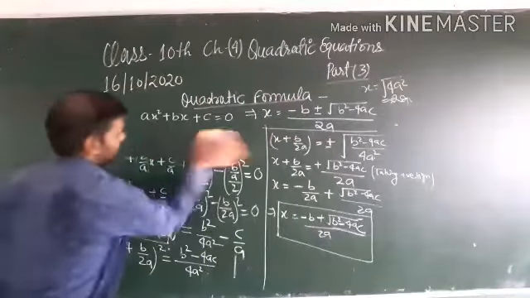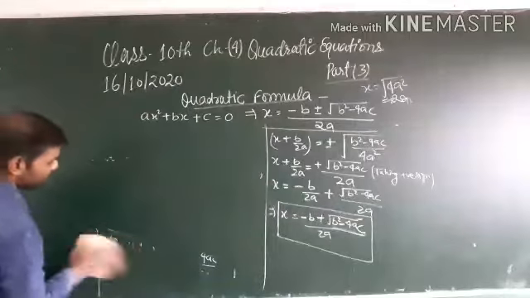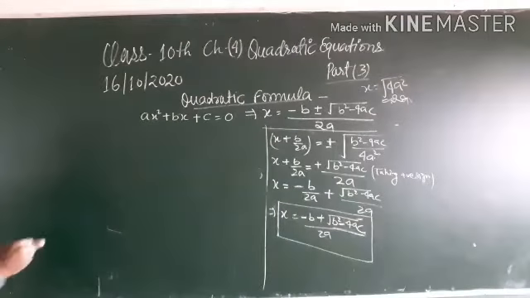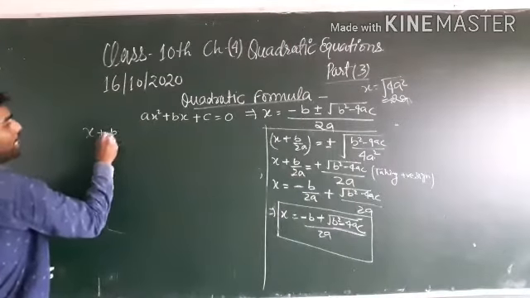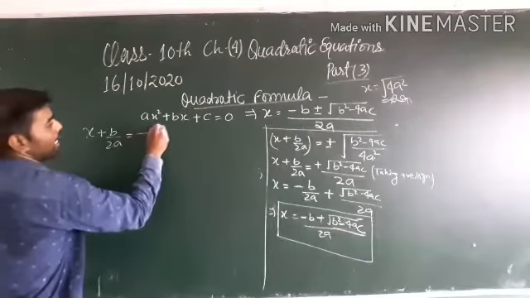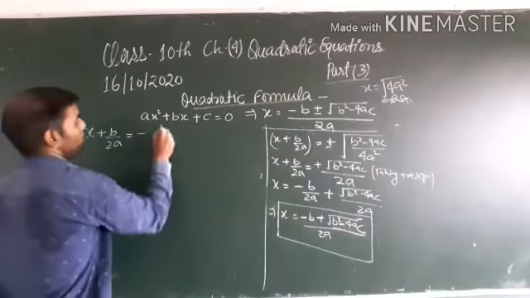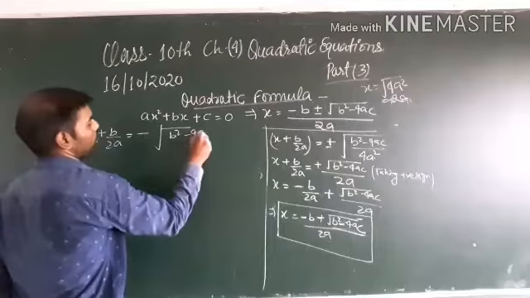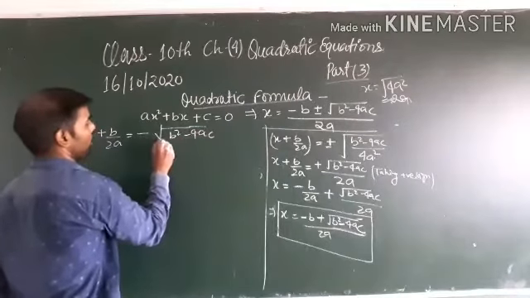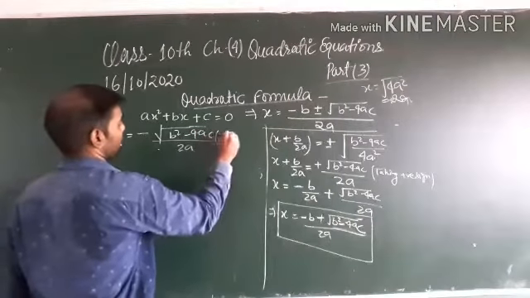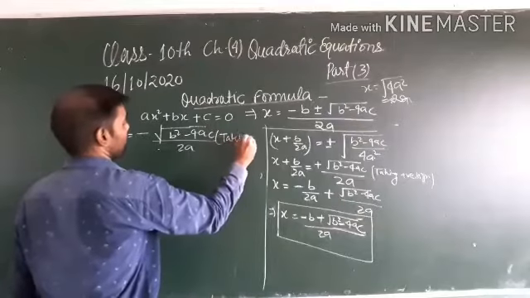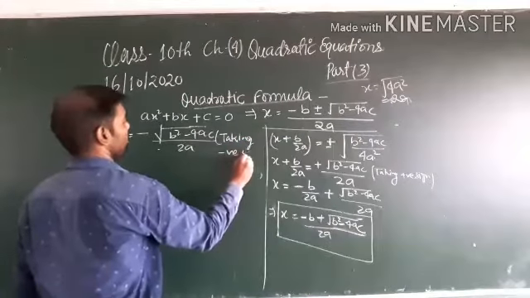Now we take negative sign. What do we get? We get x plus b by 2a is equal to minus square root of b square minus 4ac upon 2a, taking the negative sign.